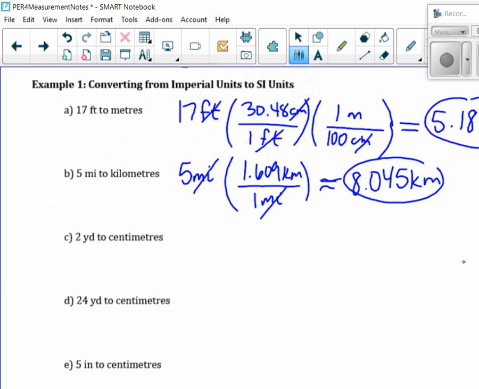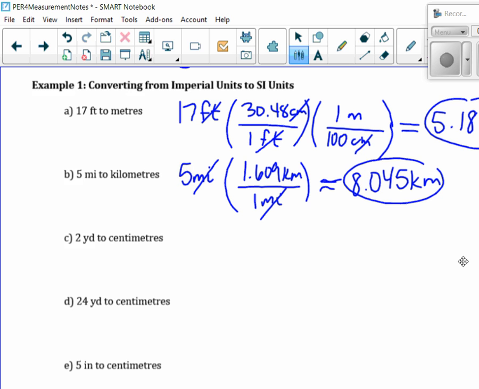So 2 yards to centimeters. I have to look at the yards to centimeters conversion. There is none. There's a yards to meters. So I'm going to put 1 yard is 0.9144 meters. Then the yards cancel.